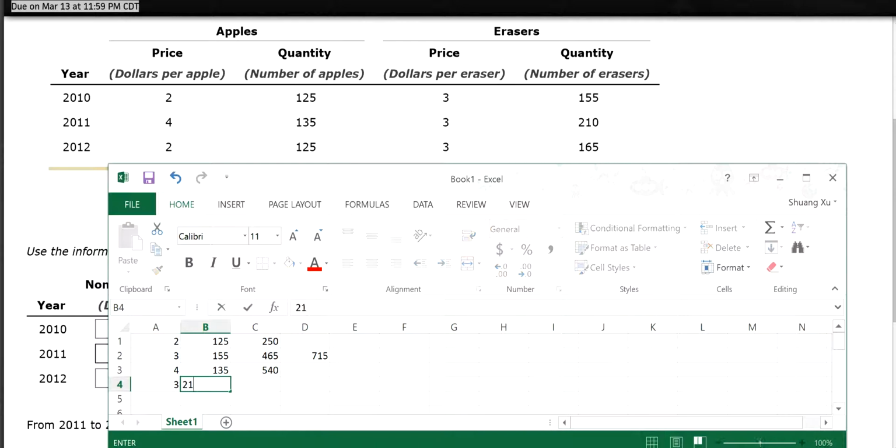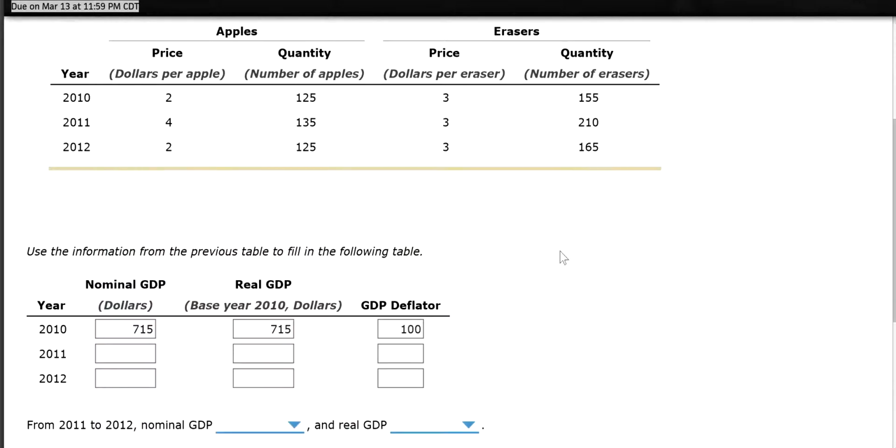So quantity increased to 210 now. So the total value for eraser is going to be 630. So our total nominal GDP for 2011 is 540 plus 630, and the answer is going to be 1170. So the nominal GDP for 2011 is 1170.